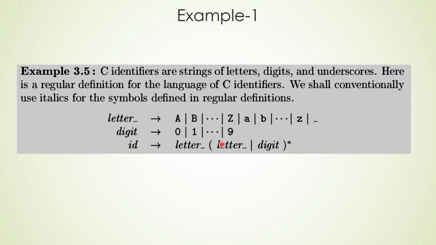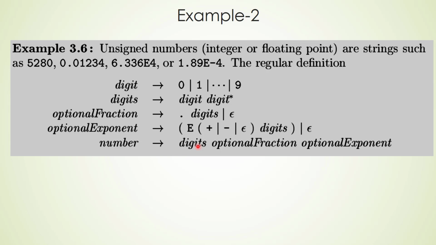The regular expression within the bracket says anything. Letter_ is before that, that means a letter or underscore followed by anything. That is a valid identifier in C. So this is a grammar which defines a C identifier. The next example is a grammar to define unsigned numbers.